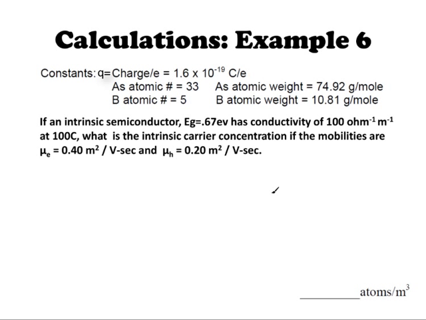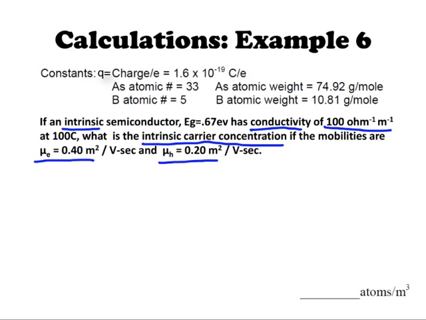Calculations example 6. If an intrinsic semiconductor, energy gap of 0.67 electron volts, has a conductivity of 100 inverse ohm inverse meter at 100 degrees Celsius, what is the intrinsic carrier concentration if the mobility of electrons is 0.4 meters squared per volt second and the mobility of holes is 0.2 meters squared per volt second?